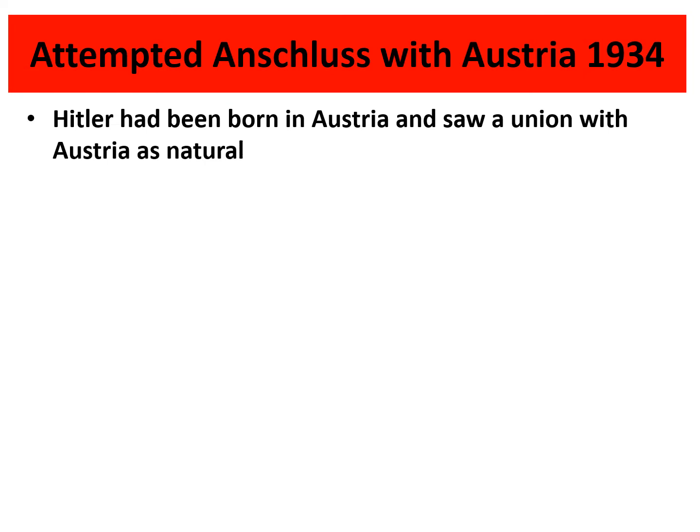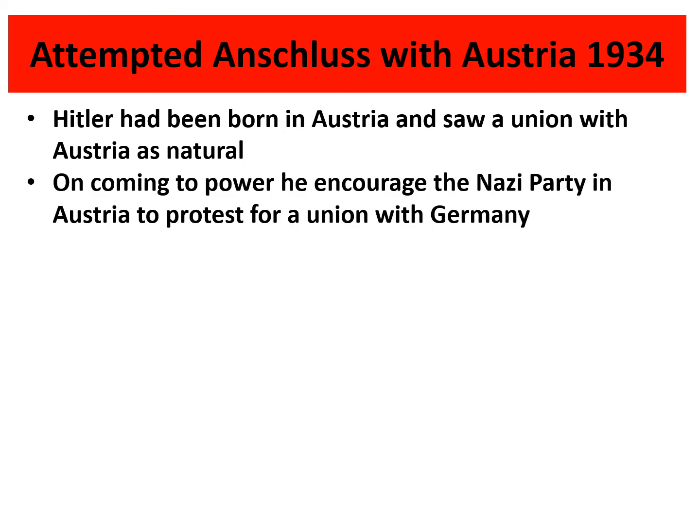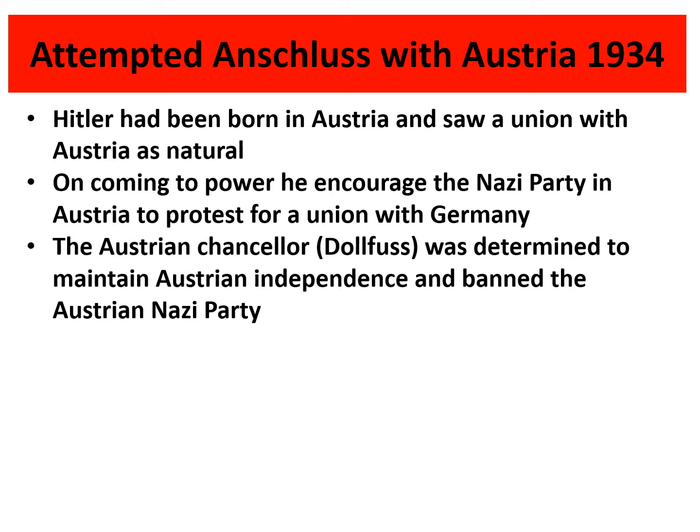So Hitler had been born in Austria and saw a union with Austria as a very natural thing. They were neighbours after all. On coming to power, he encouraged the Nazi Party in Austria to protest and say, we want to unite with Germany. The Austrian Chancellor at the time, a man called Dollfuss, was determined to maintain Austrian independence and so banned the Austrian Nazi Party.